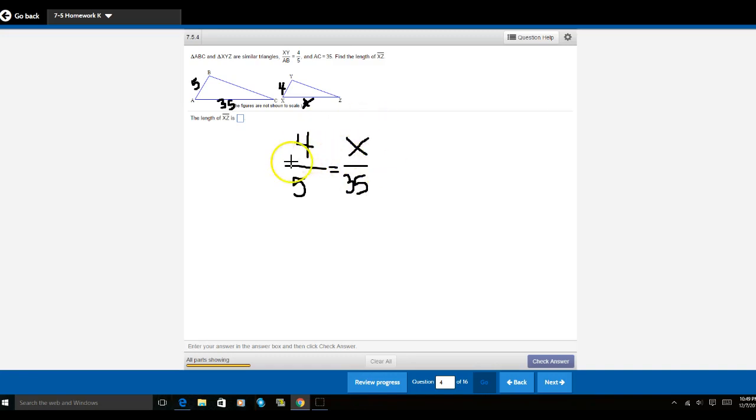And here I'm solving for X, so I'm going to do my baseball bat, my cross multiply, and then I'm going to divide my answer by 5. So I've got 35 times 4. That's 20. And that's 12 plus 2 is 14. So that's 140. And then I'm going to take 140 and divide that by 5.